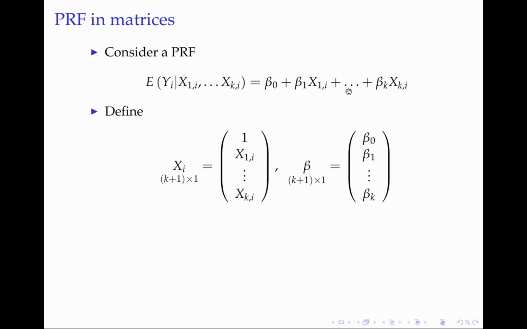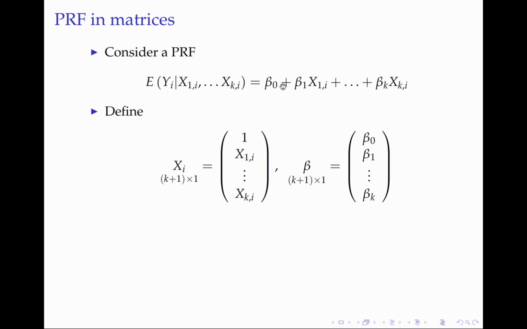All that we're going to do now is to take this PRF, this regression function, and express it in matrix or vector notation even. So to do that, we will take all of the explanatory variables and stack them up into a single vector called x_i. And here they are. Now we have the 1 here. This 1 corresponds to the intercept.